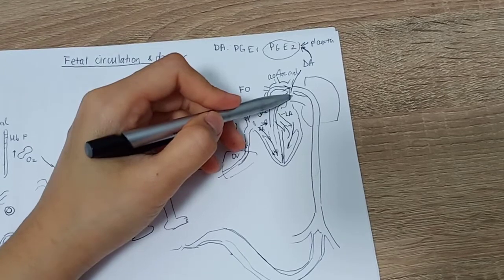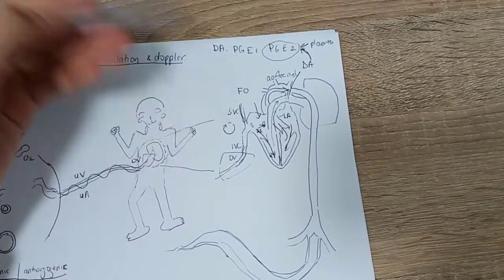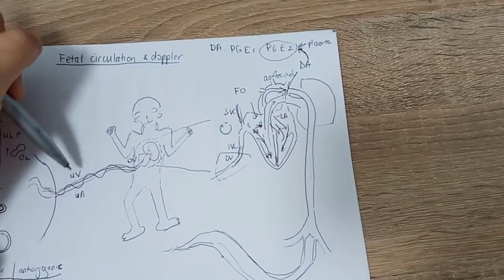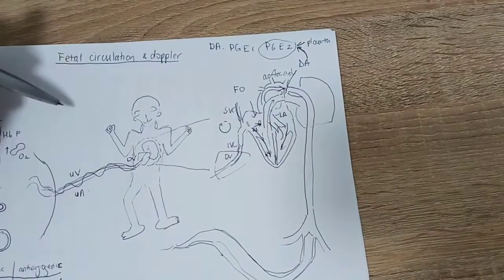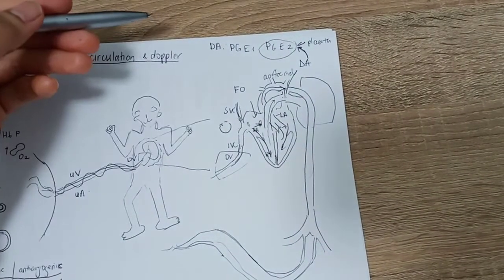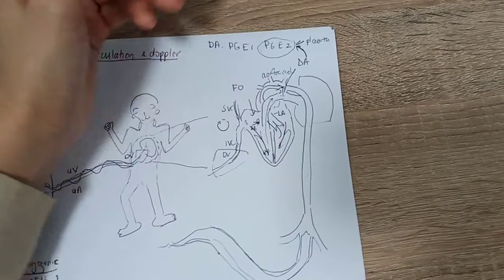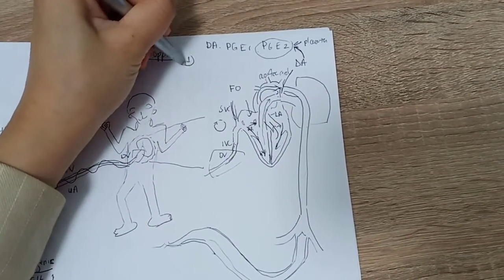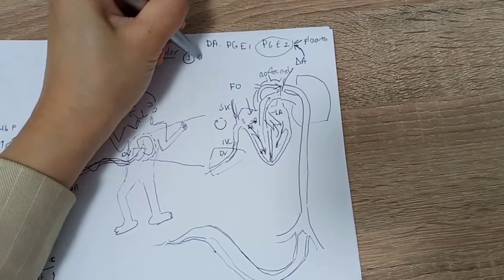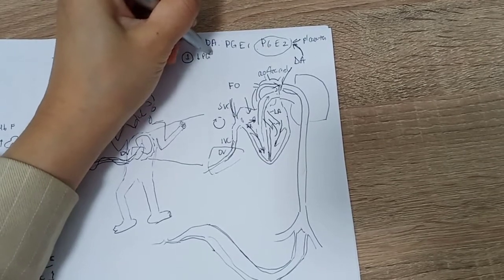What happens is that when the baby is delivered and the placenta is detached from the fetus, there will be a reduction in prostaglandin. So the first mechanism is the placenta detaching, so prostaglandin is reduced.